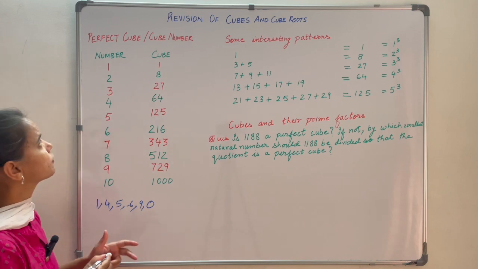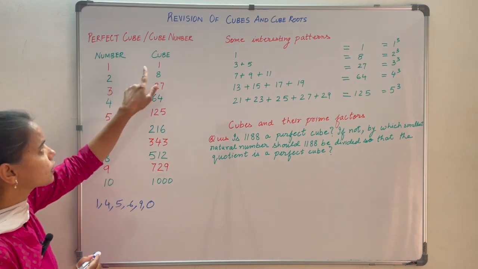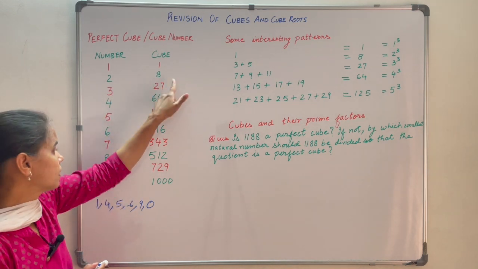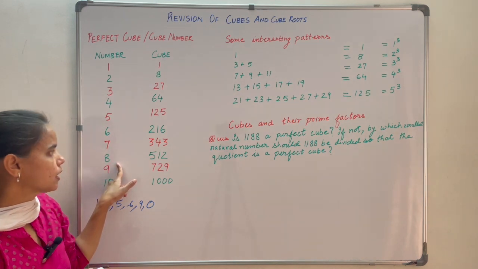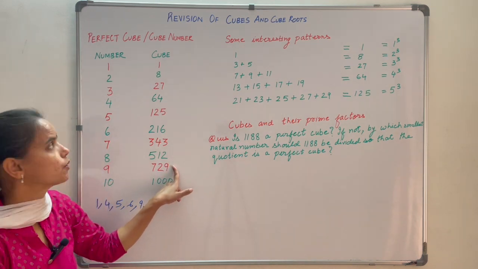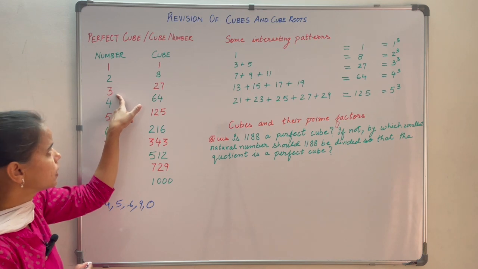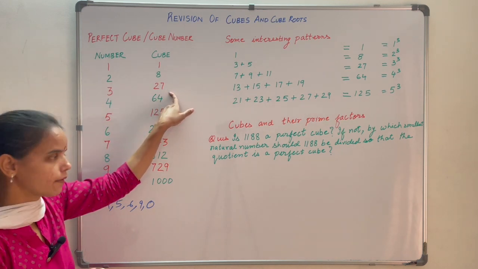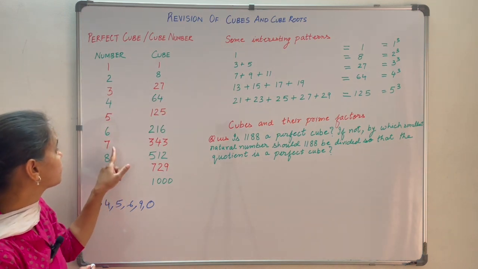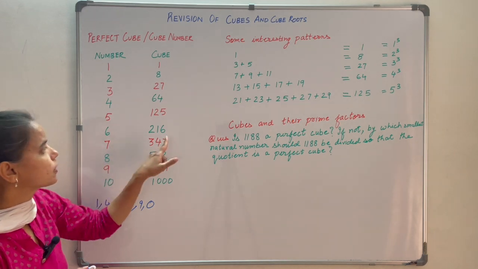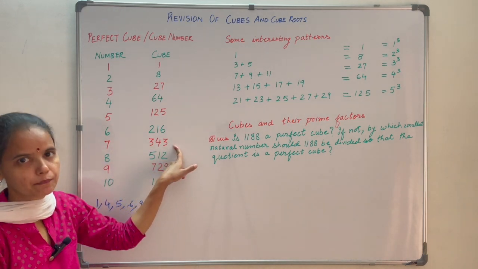Now if the number ends with 2, the cube number ends with 8. If the number ends with 8, the cube number ends with 2. If the number ends with 3, the cube number ends with 7. If the number ends with 7, the cube number ends with 3.